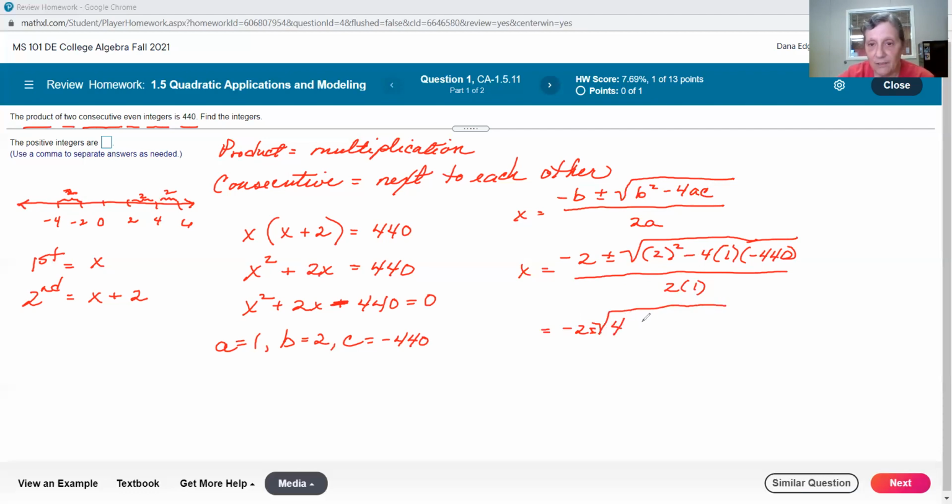This is going to be a plus because there's 2 negatives here. 4 times 440 is 1760. So negative 2 plus or minus the square root of 1764 over 2.